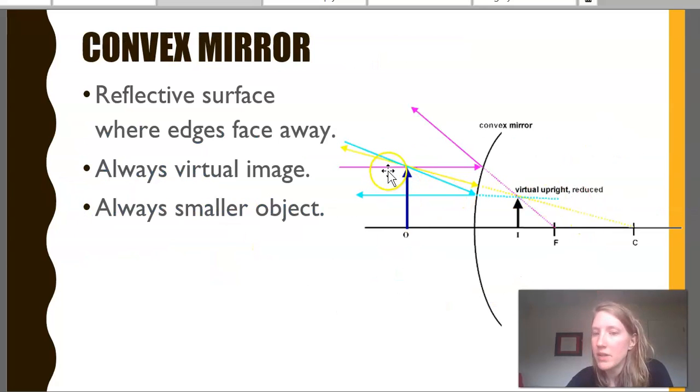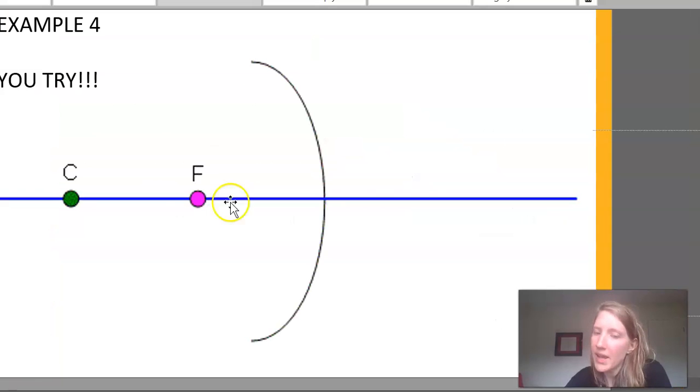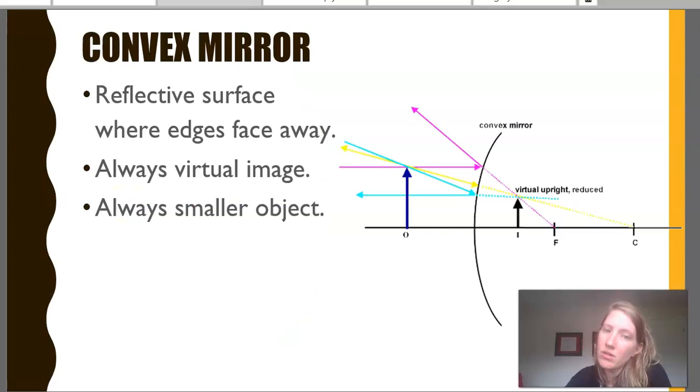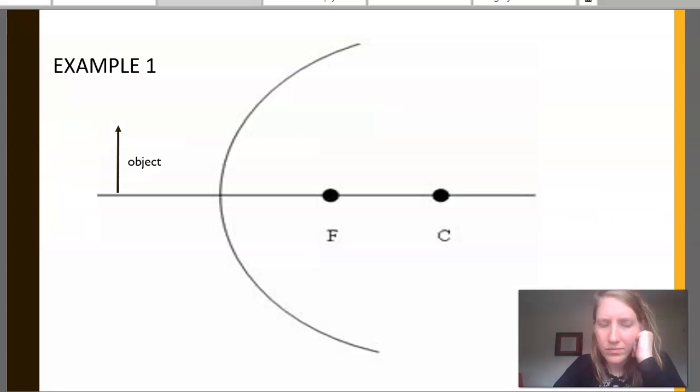So if we go back here, this would be this pink line right here, okay? Difference here too is your focal point is now behind the mirror. So instead of our concave mirror where your focal point was on the same side as the object, for convex it's going to be on the other side. So everything that comes in, it focuses on the other side, all right?